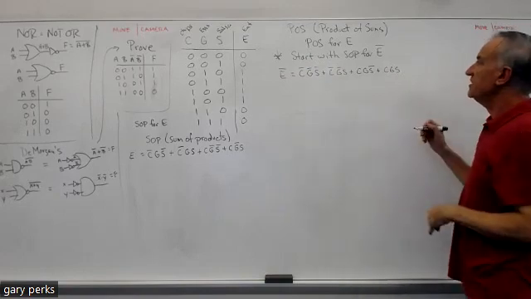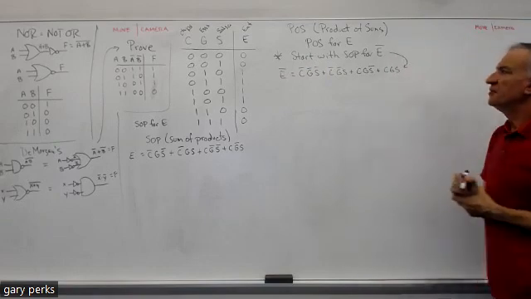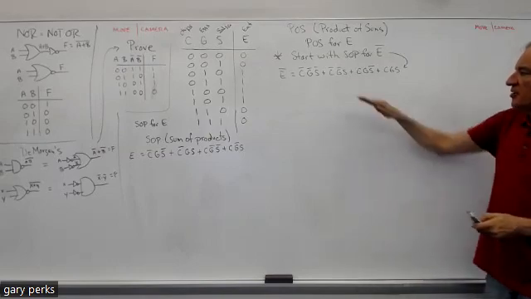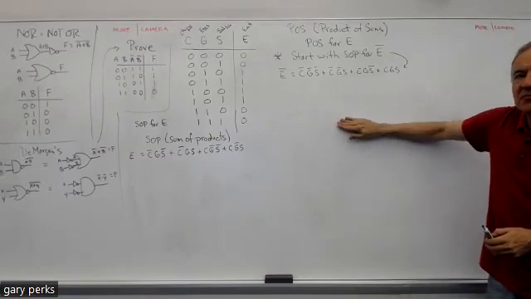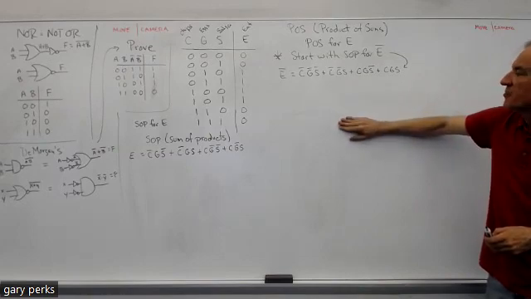Okay, so this is SOP for not E. Now the next thing we're going to do is several steps here. You're going to see that in just a bit. We're going to use De Morgan's.